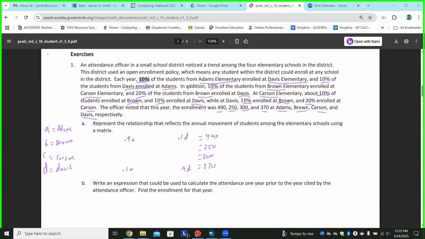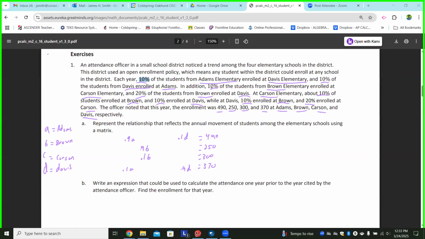Are you ready for the next part? In addition, 10% of students from Brown enrolled at Carson. So that means 10% of Brown is now at Carson, which tells me 90% are still at Brown.